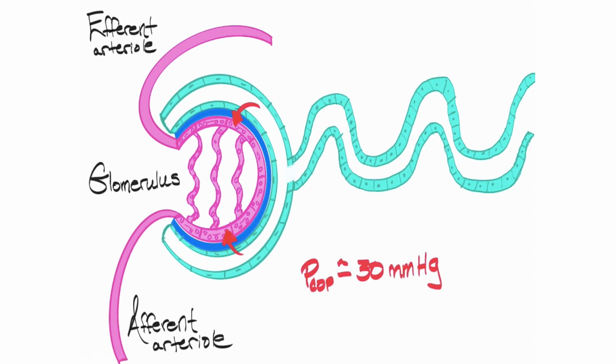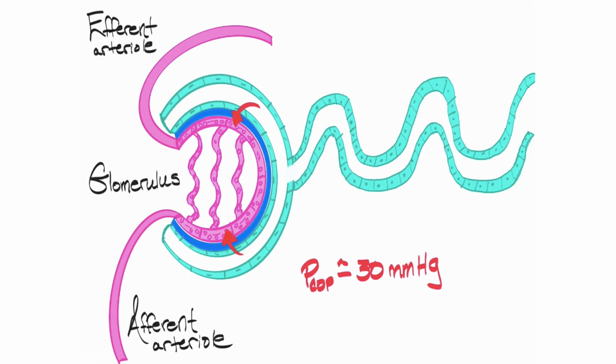One of them is the colloidosmotic pressure. And once again, this is no different than any other capillaries we've looked at throughout the body. What we talked about in previous videos is the colloidosmotic pressure that is created as fluid leaves the capillaries.